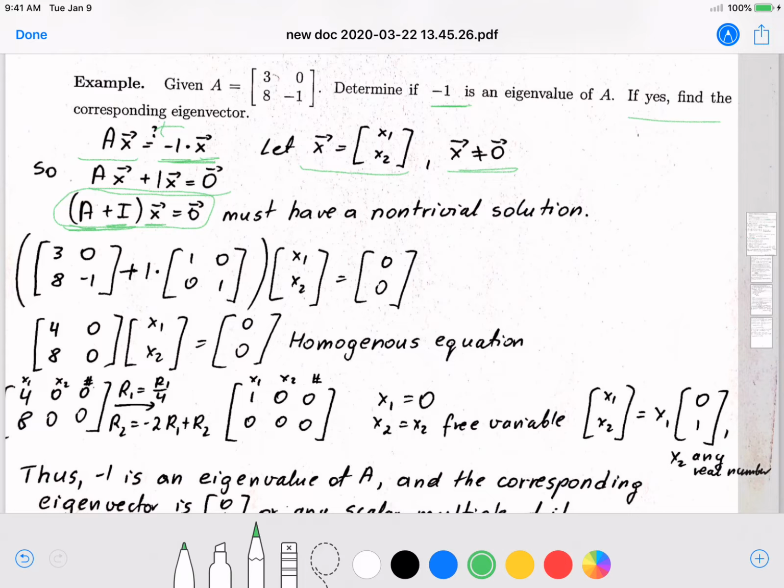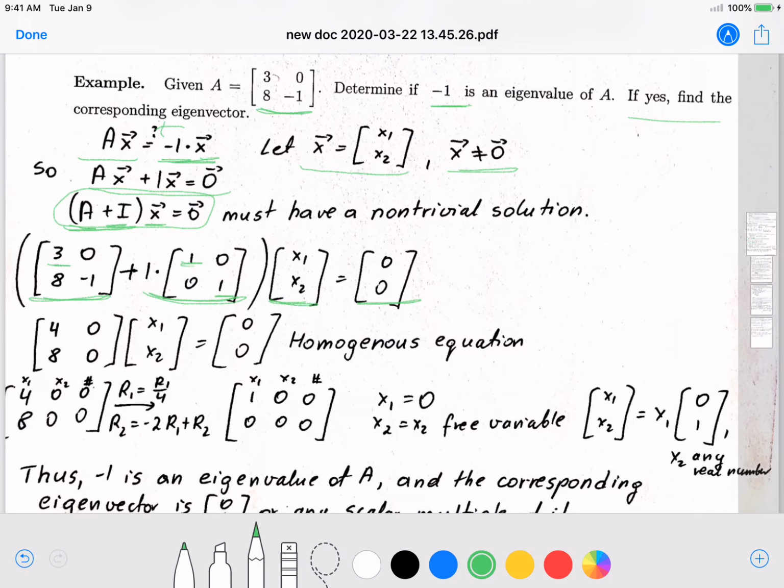So I'm putting my matrix A, plus the identity matrix, which has 1 and 1, times my vector x must be equal to 0. To add the identity matrix, notice that we are adding only the main diagonal entries.